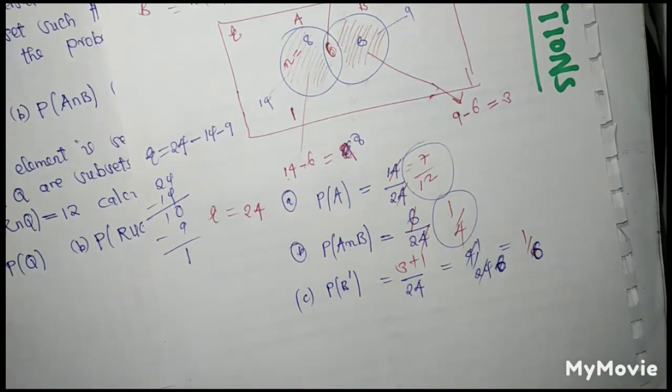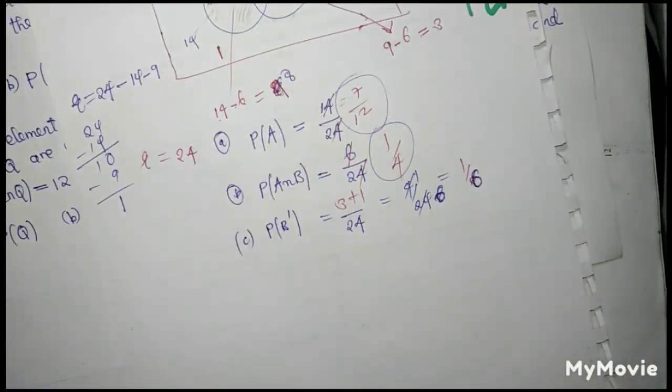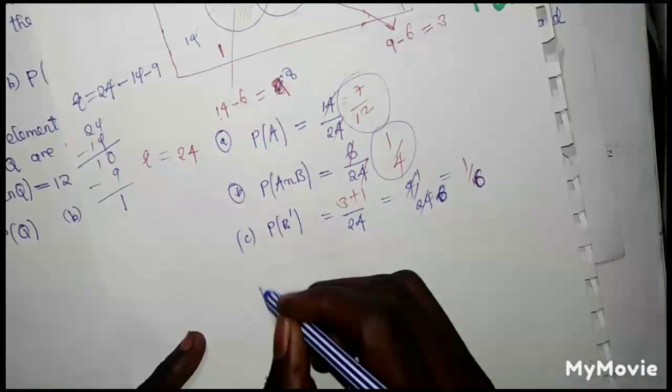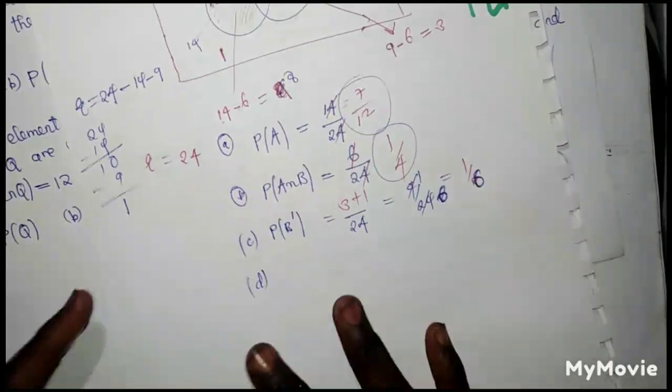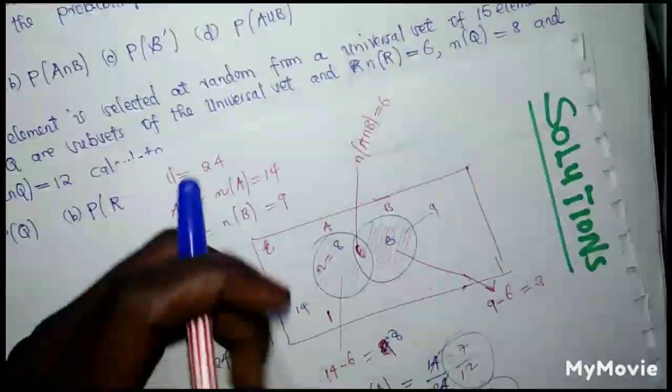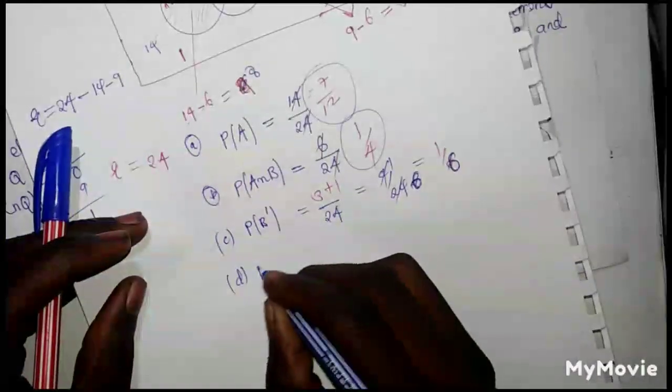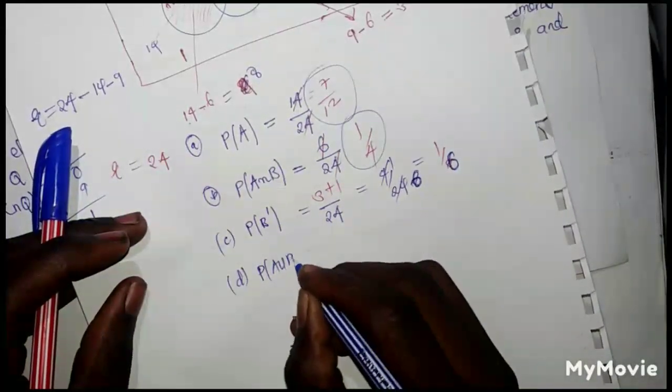So that is, and then part D. It says P(A union B complement).